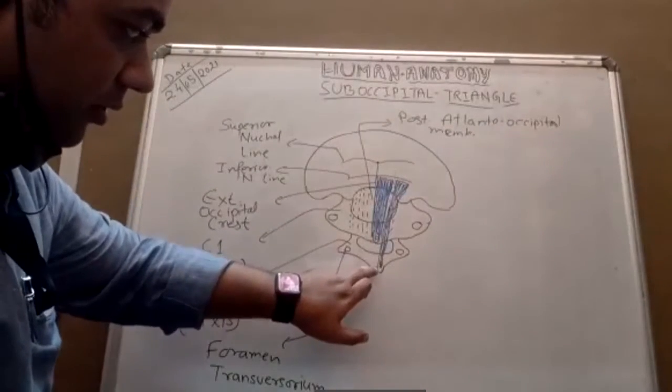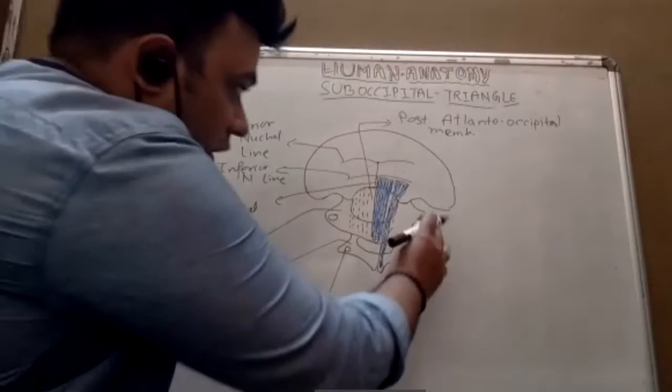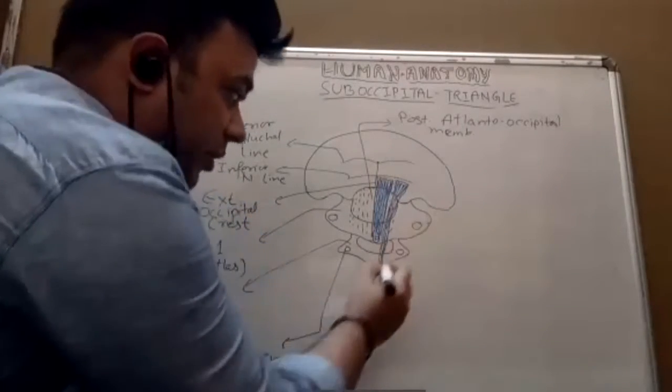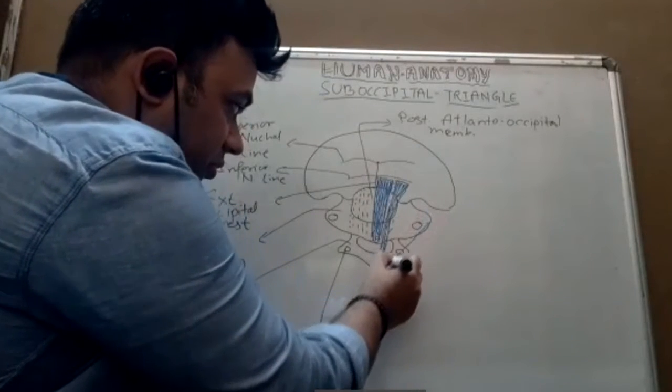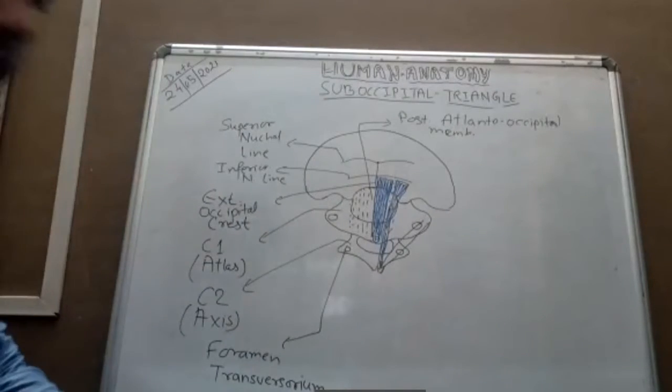Infralateral, I will draw from the spine of the second cervical vertebra up to the lateral tubercle of the first cervical, means from the second to first. Can you see?